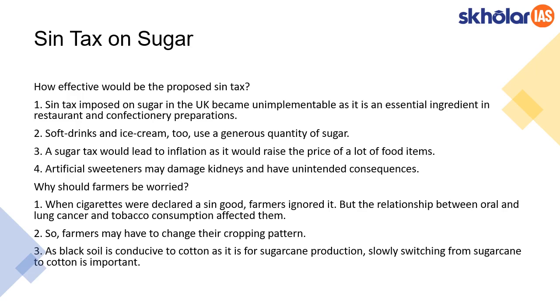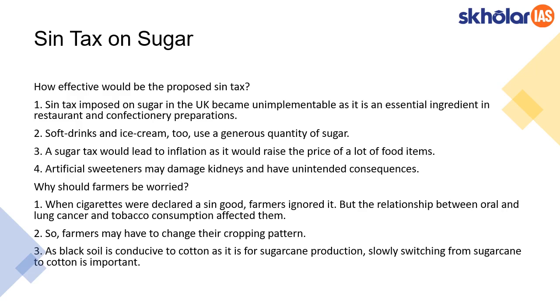It was not implementable. And another aspect of it is the alternatives that we look at for sugar are artificial sweeteners. When we use artificial sweeteners, it can damage our kidneys. So again, it doesn't serve the purpose of imposing tax on sugar. This inflation and impact on health is a concern from the consumer standpoint.